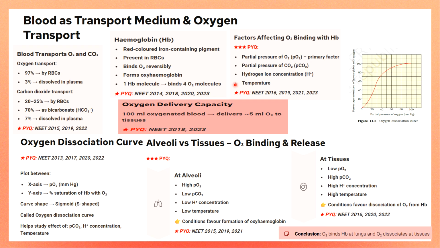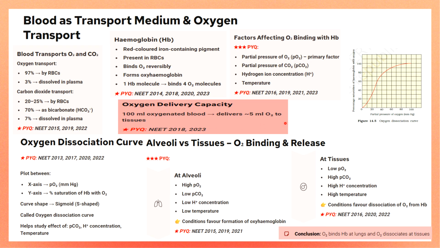That's why the binding is reversible in nature. The different factors that affect the binding of oxygen with hemoglobin are partial pressure of oxygen, which is the primary factor. Other factors are partial pressure of carbon dioxide, H plus or hydrogen ion concentration, and temperature.